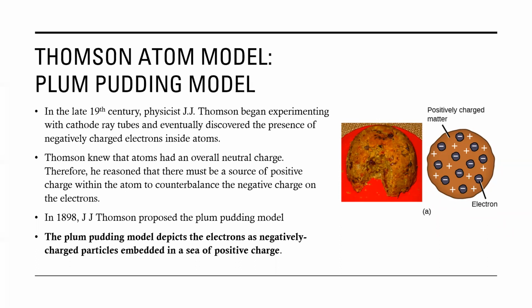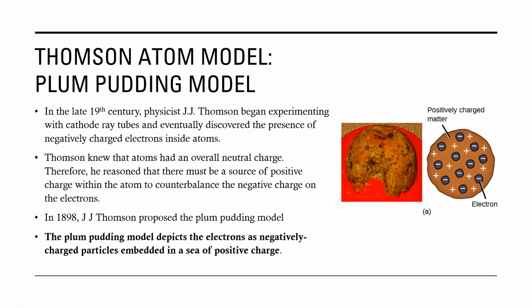And he found that there are negatively charged particles called electrons inside the atom. Then he started developing a model for atom where he can incorporate the idea that it contains negative charges. Thomson knew that the atoms had neutral charge overall.